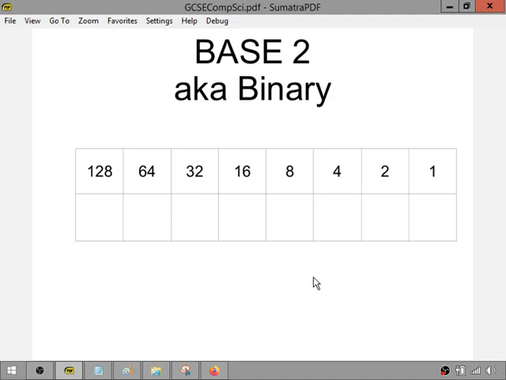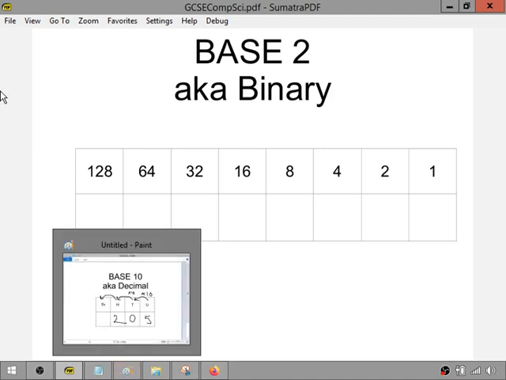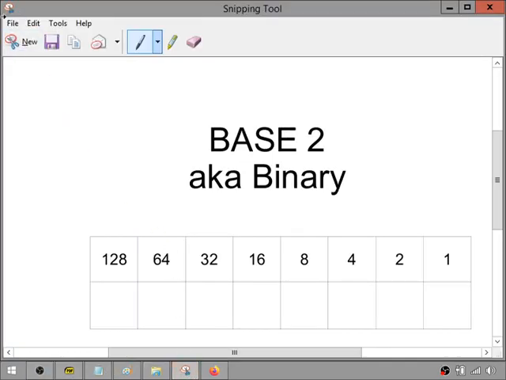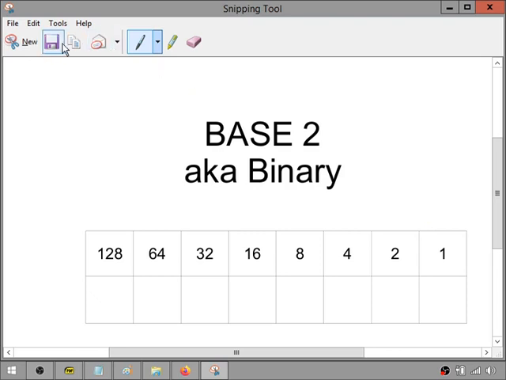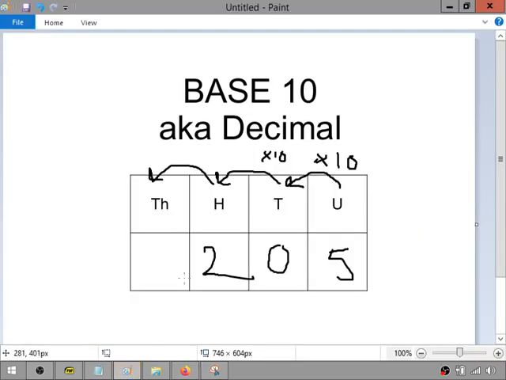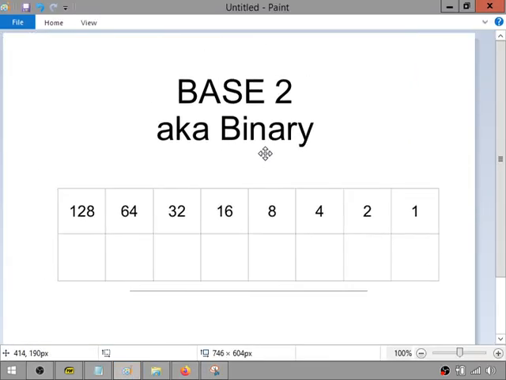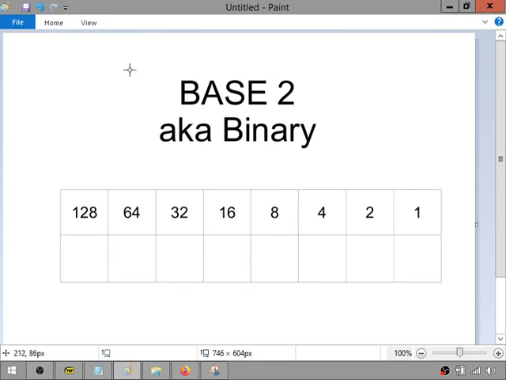Okay, so how do we convert decimal numbers into binary? Well, let me start off by putting this into Microsoft Paint. Okay, let's say we wanted to represent the number, I don't know, 5.